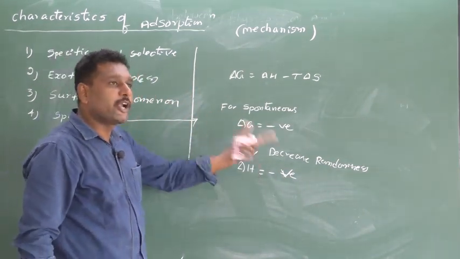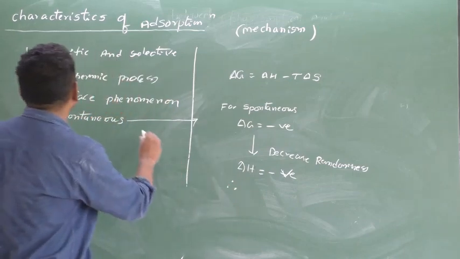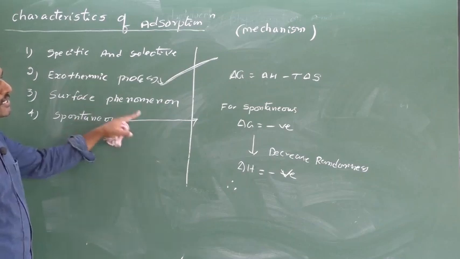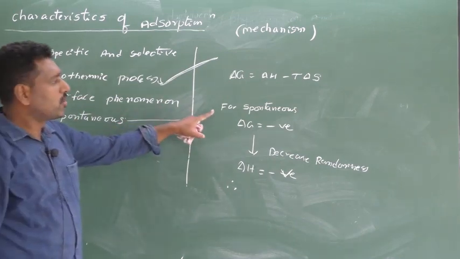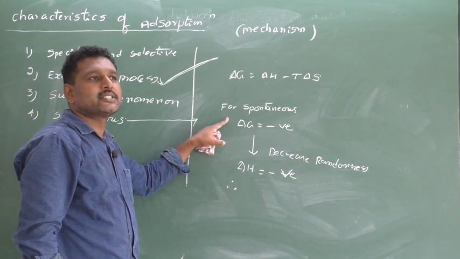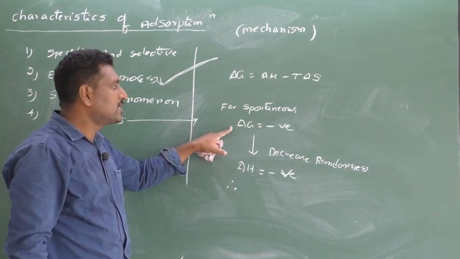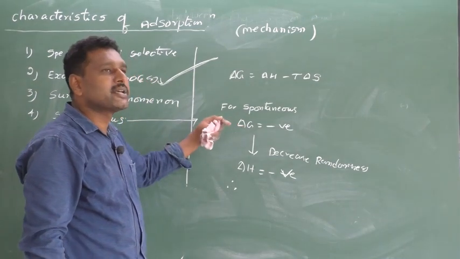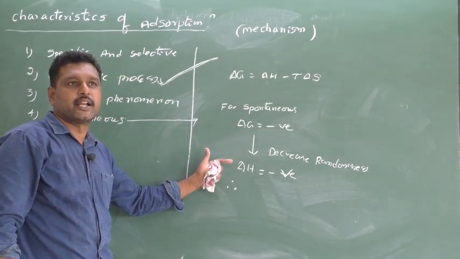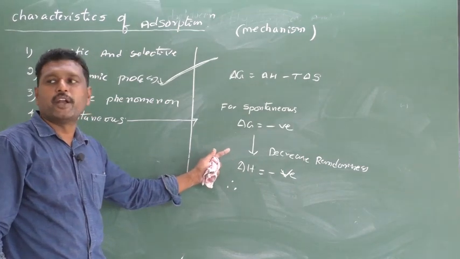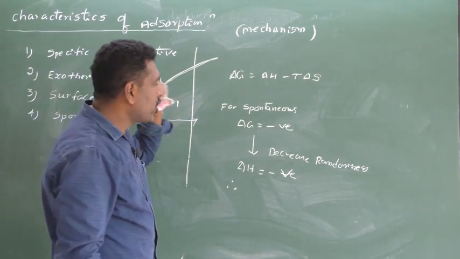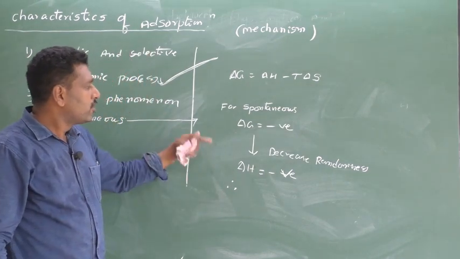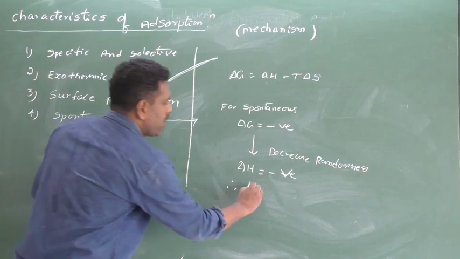If delta H is negative, that is an exothermic process. So here it is a spontaneous process. For a spontaneous process, delta G is negative, randomness gradually decreases, and delta H is also negative. This means it is an exothermic process.